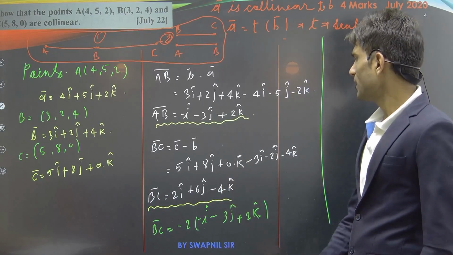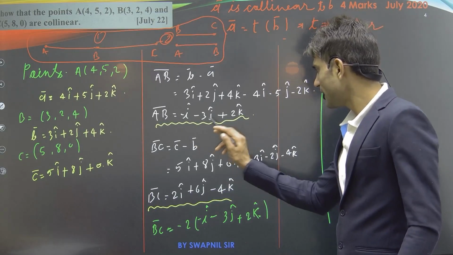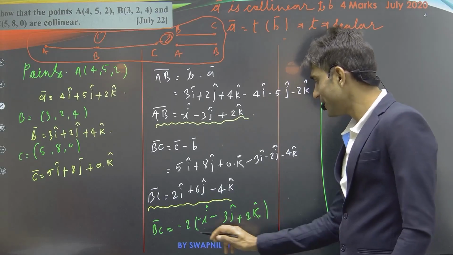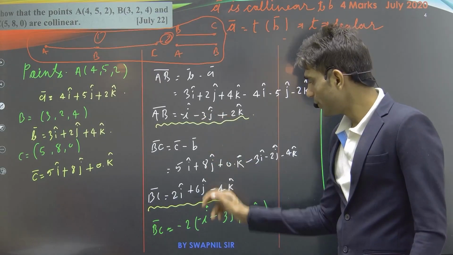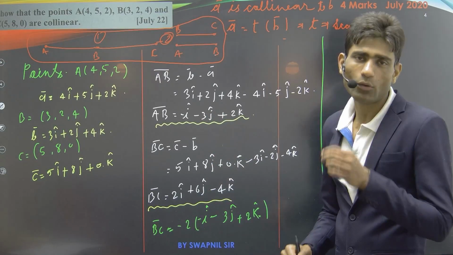Now we can see that negative I cap, negative 3 j cap, plus 2 k cap is under the bracket here, and it is multiplied by some scalar, which is negative 2.